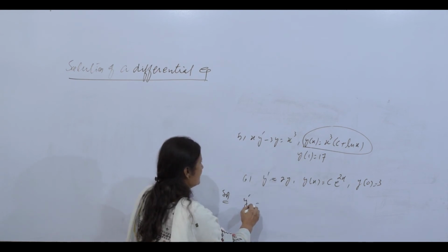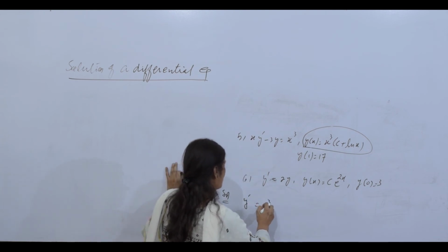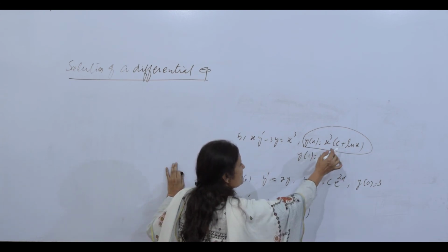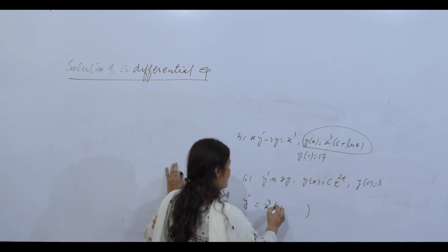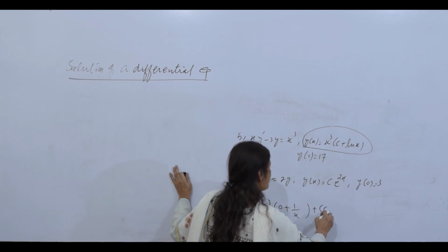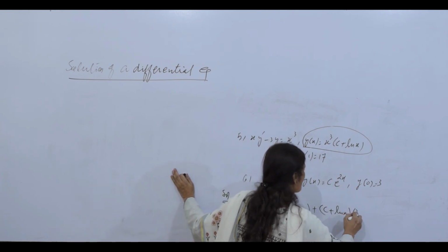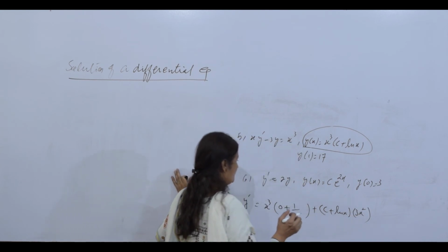I am taking the derivative of this function: x cube, derivative of the parenthesis, derivative of constant is 0 and derivative of natural log is 1 over x, plus (c plus ln x) as it is, times the derivative of x cube which is 3x square.